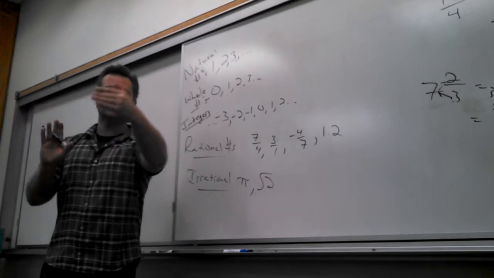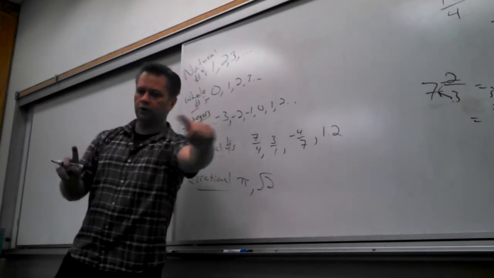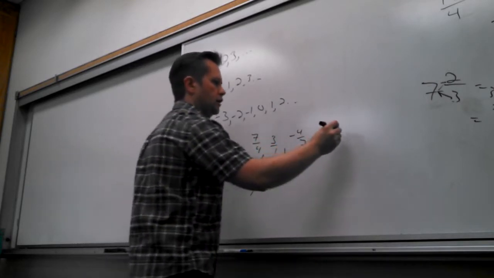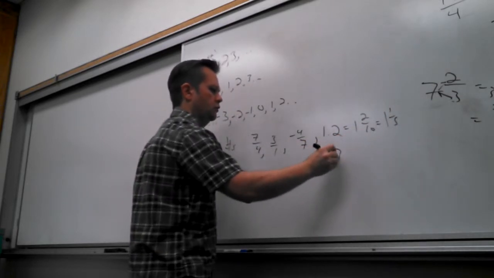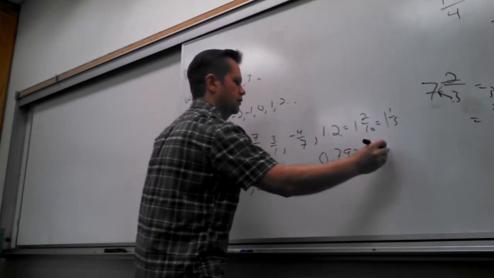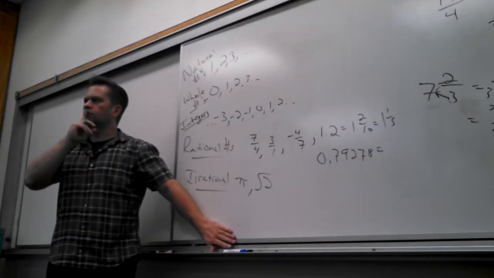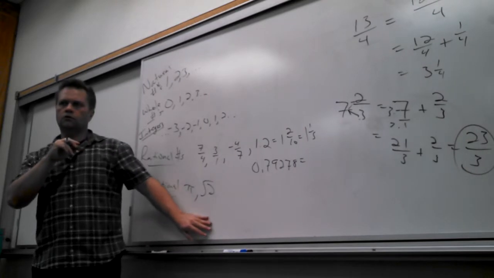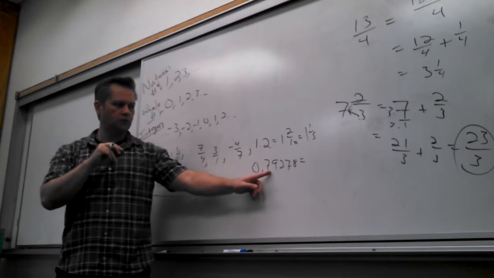So any decimal that stops, I don't care how long it takes to stop, I can put it over 1 followed by a lot of zeros. For example, this is 1 2/10, or 1 1/5. What about 0.79278? What place is that in?